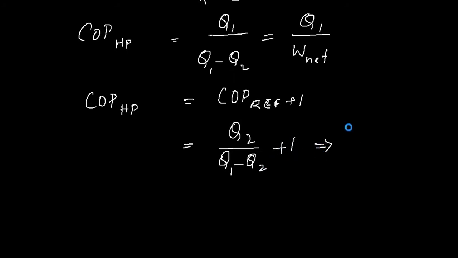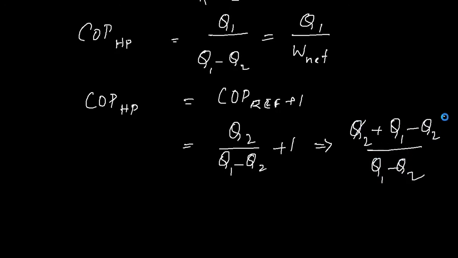Cross multiplying, that will give you Q2 plus Q1 minus Q2, over Q1 minus Q2, and these two will cancel, and you have Q1 over Q1 minus Q2, which is the COP of a heat pump.